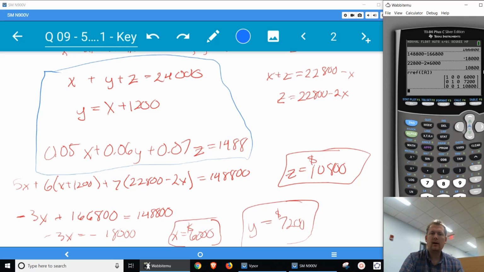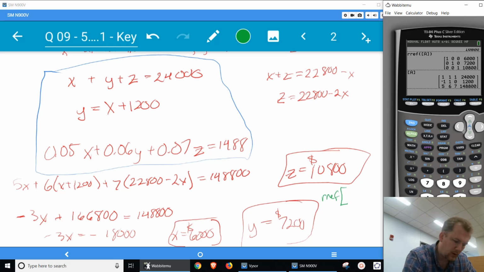So as long as you show the work that you would show here, if you wanted to do it that way, you would just say you went RREF on 1, 1, 1, 24,000.